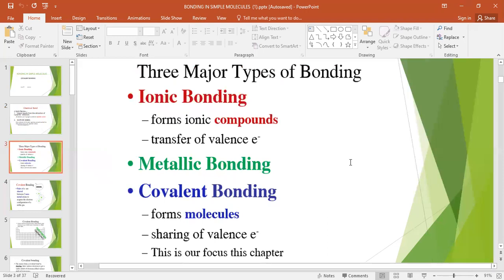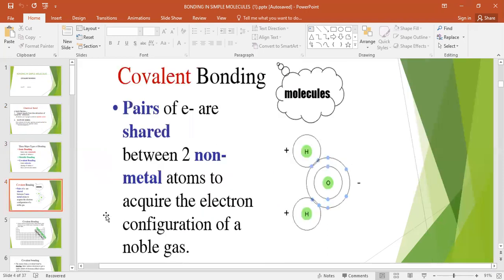That's why it is written here that atoms acquire the electronic configuration of noble gases. Why do they want to compare with noble gases? Because all noble gases are stable. How can we say that all noble gases are stable? Because their outer shell has how many electrons? 8 electrons.